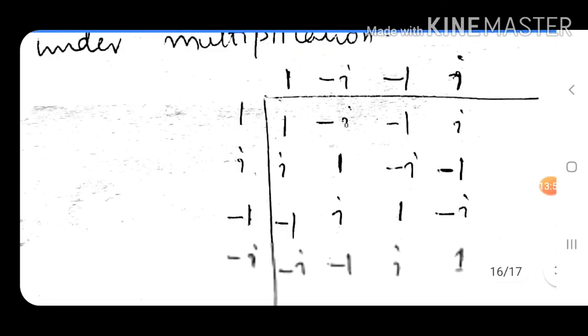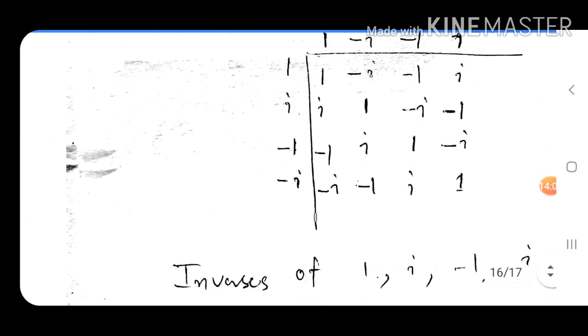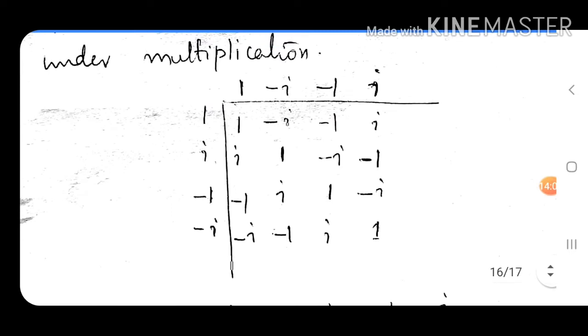We are adjusting the ordering in such a way that we get the identity element on the diagonal. So it is now very easy to find the inverse of each element. Inverse of i is minus i, inverse of minus 1 is minus 1, inverse of minus i is i, that we know.